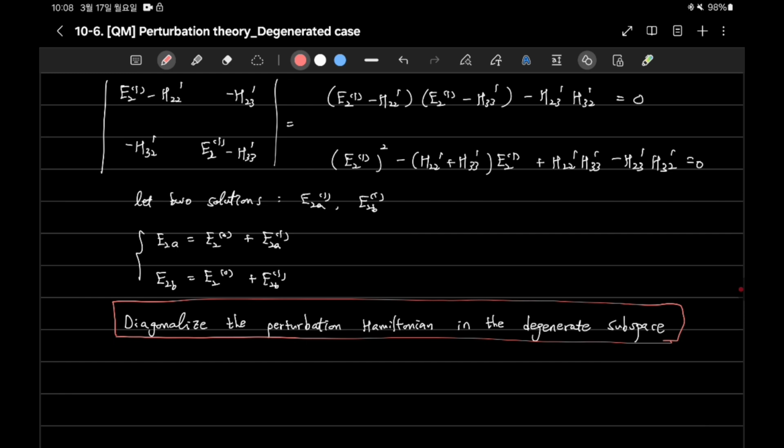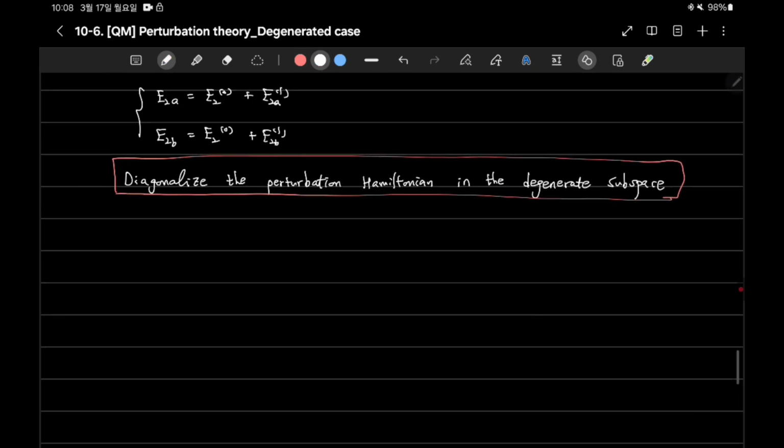Let's consider an example. An electron is bound to move on the surface of a sphere.